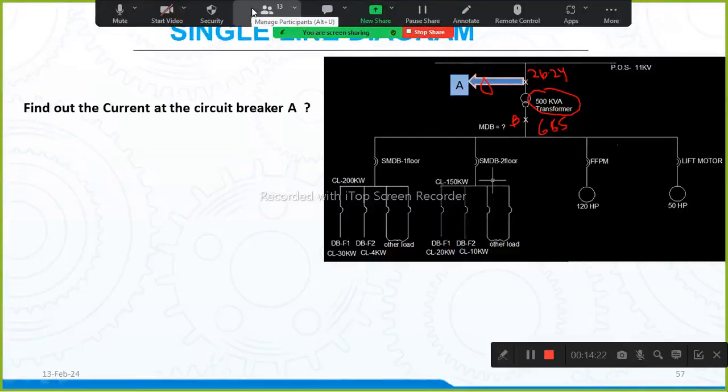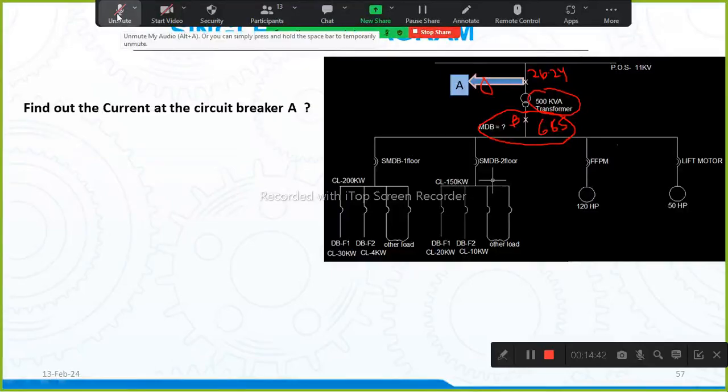Okay. Now tell me which kind of circuit breaker has to be provided for point B? ACB, sir.